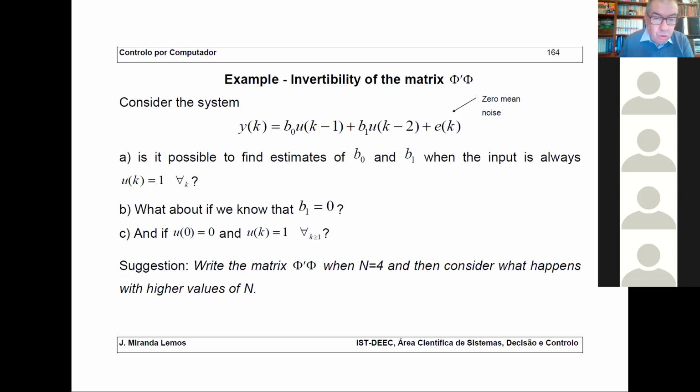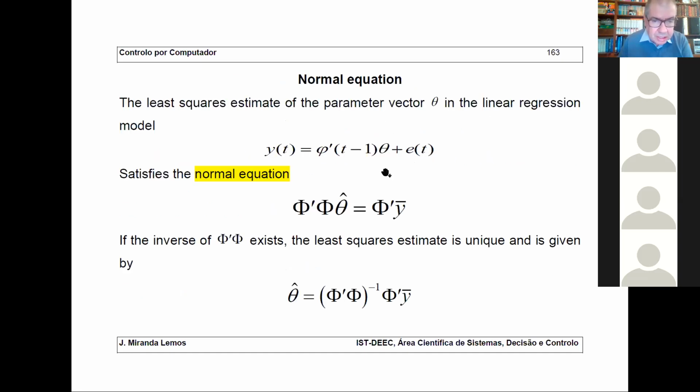If you write phi in this situation, then you would come to the conclusion that in this big matrix phi, all the rows are equal if u is equal to 1.